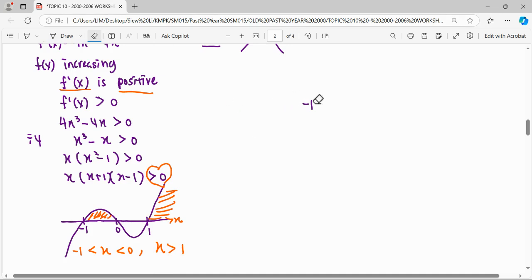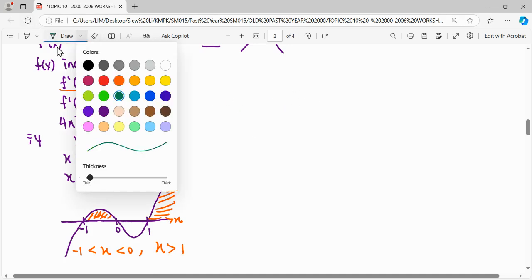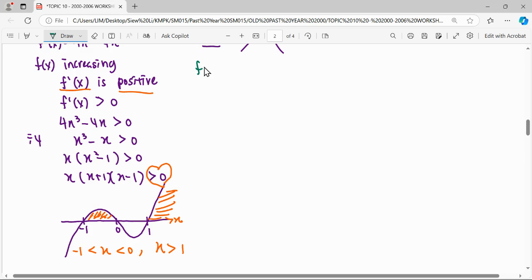So to find where the function is decreasing, it means our gradient is negative, meaning f prime x is less than 0. The procedure will be the same until we get this factorized form.